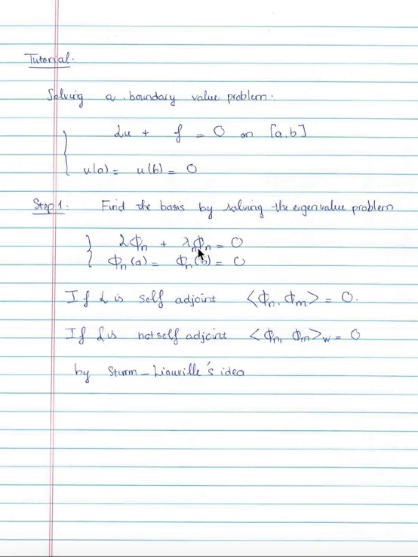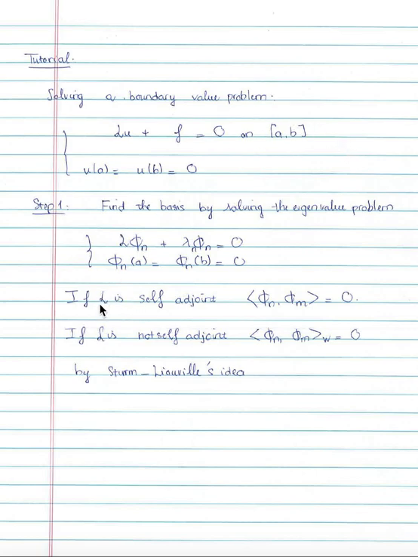With these two, lambda n and function phi n, you have L of phi n plus lambda n phi n is 0. You have the boundary condition phi n of A is equal to phi n of B is 0. The first equation is again on the interval AB.